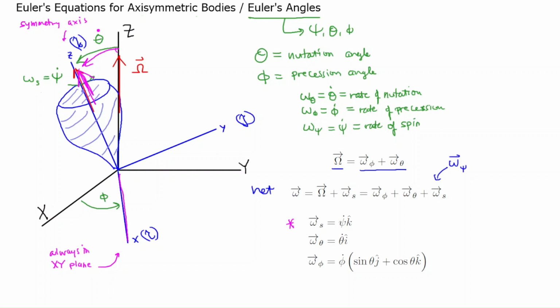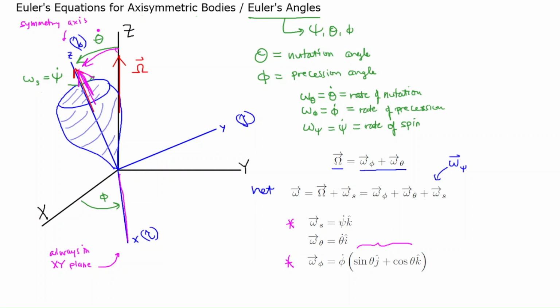Now omega sub phi, down here at the bottom, has a magnitude of phi dot, which I think we've already decided. But why the rest? Well, first, notice that the rest is a unit vector. If you take the sum of the squares of the components there, you're going to get 1.